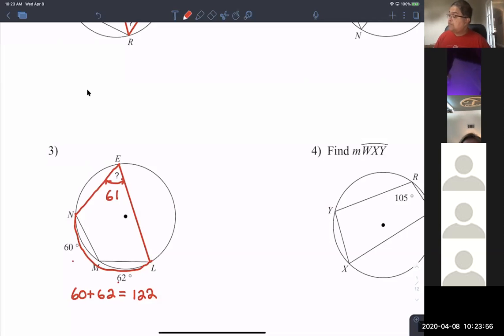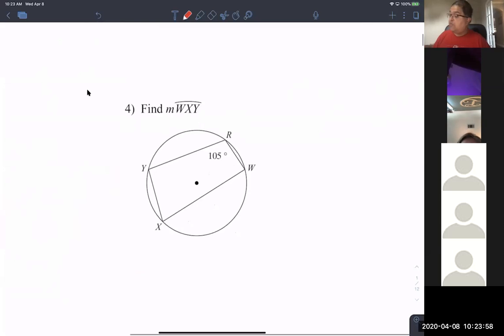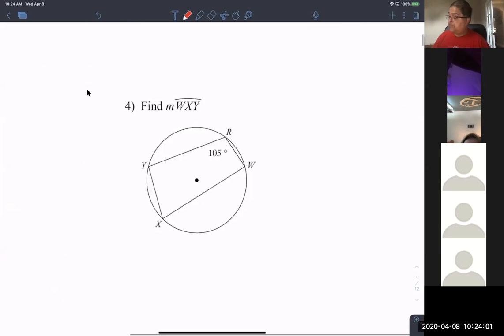Now, let's look at a problem like this, number 4. Okay. Angle R is an inscribed angle. And you're asked to find the measurement of arc WXY.